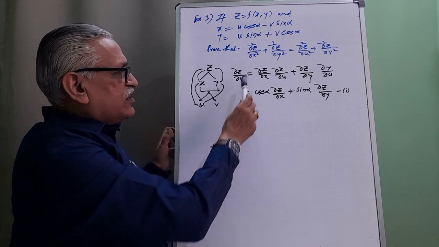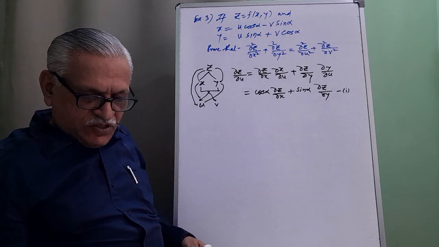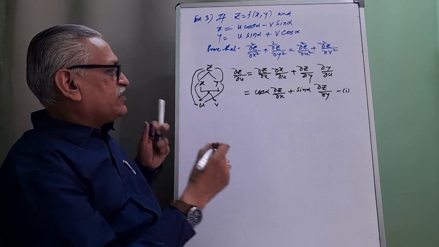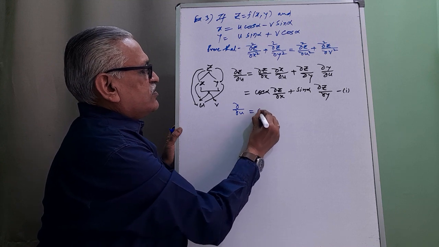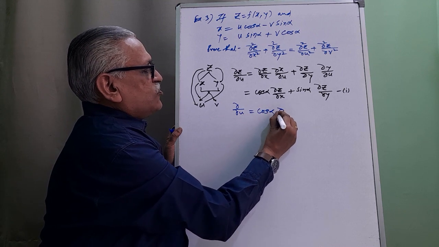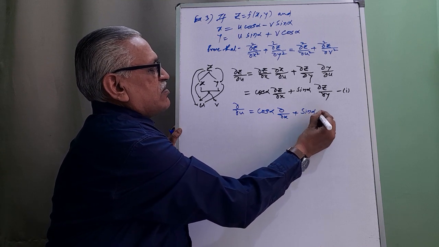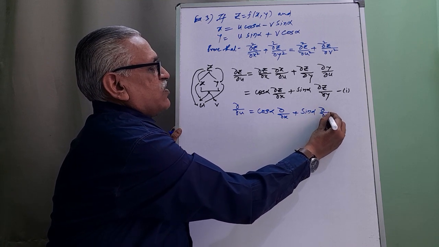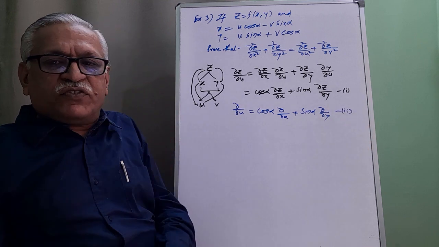Every term is operated on z. Therefore, cancelling that z throughout, we get operator dou by dou u as cos alpha dou by dou x plus sin alpha into dou by dou y. We call this equation 2.